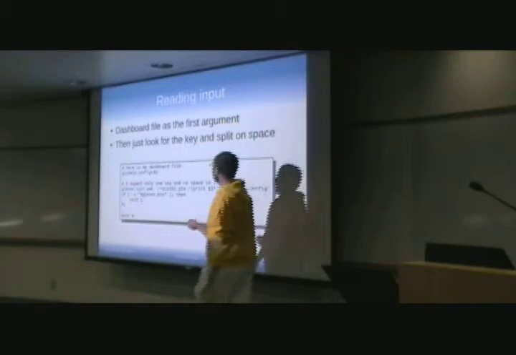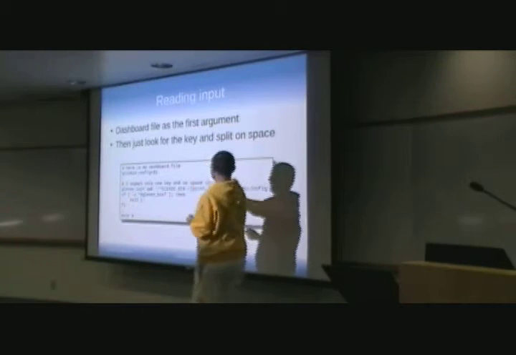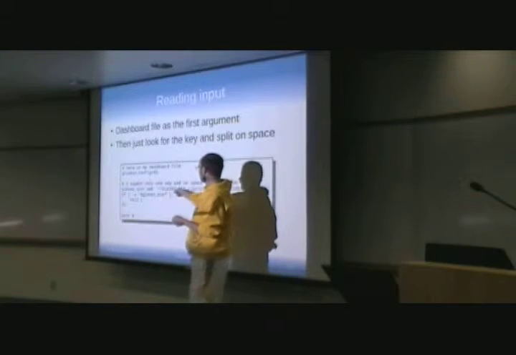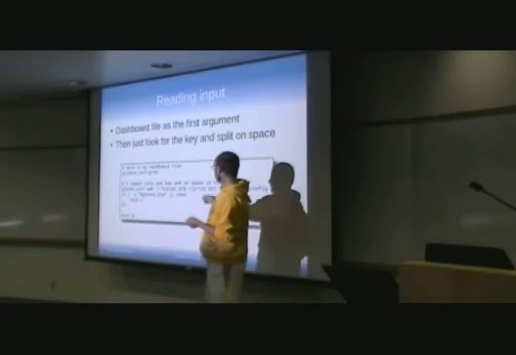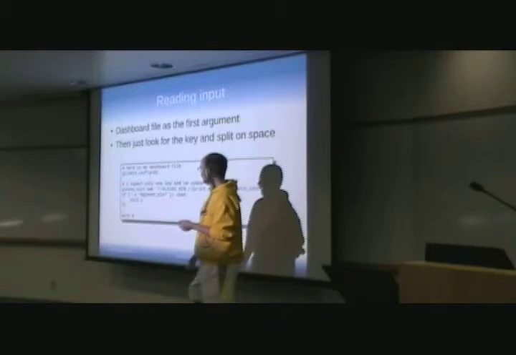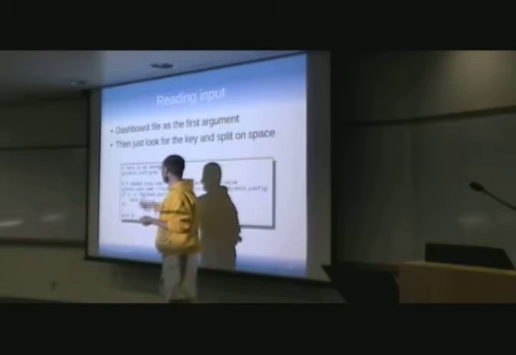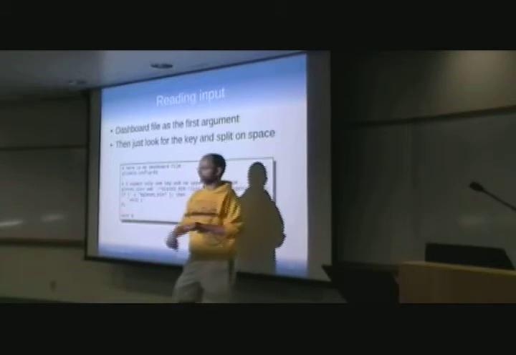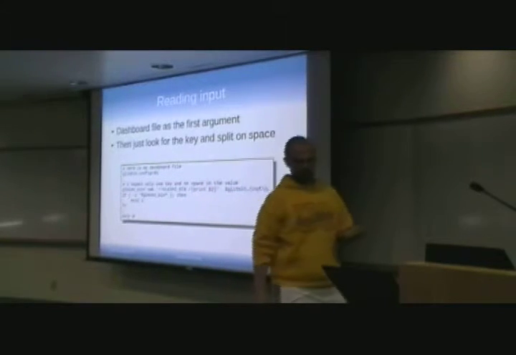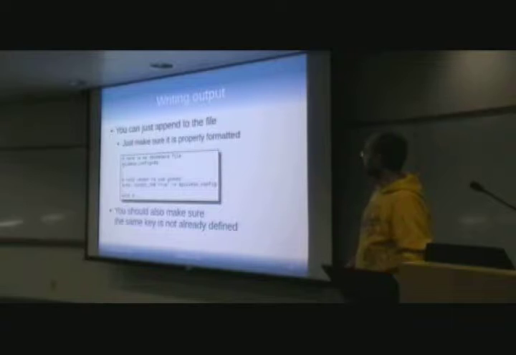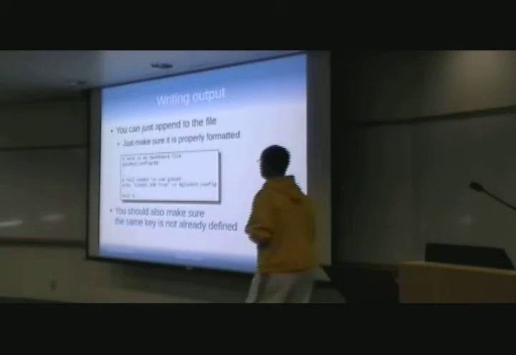So for example, here is a simple use of awk to look for a key called bin, and this assumes that there is no space in the value, and read it out. And if this is empty, it means I haven't found it. And I may access it. Just a very simple, basic use of the dashboard. Similarly, you can write into the dashboard file.